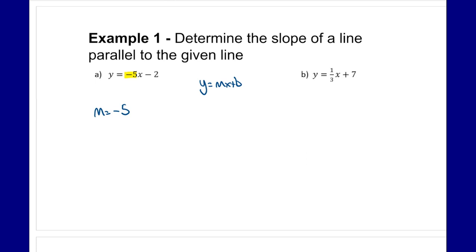In order for it to be parallel, the slope of a new line must also be -5 because it needs to be the same thing. In the second one, again looking for the value attached to the x, the multiplier, m equals 1 over 3. In order for it to be parallel, the parallel line must also be 1 over 3, the exact same slope.